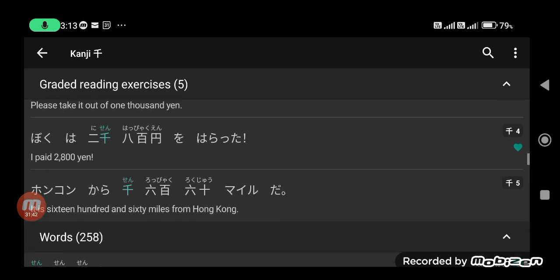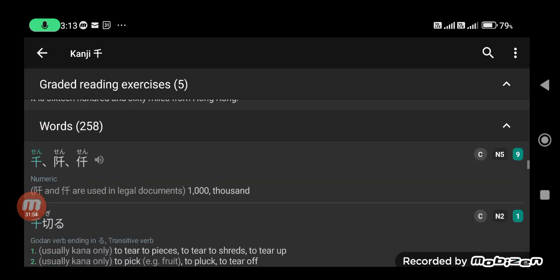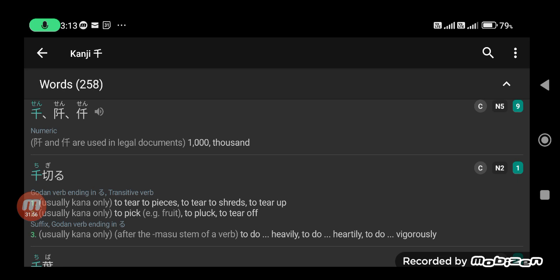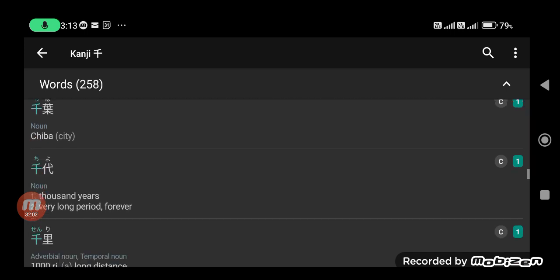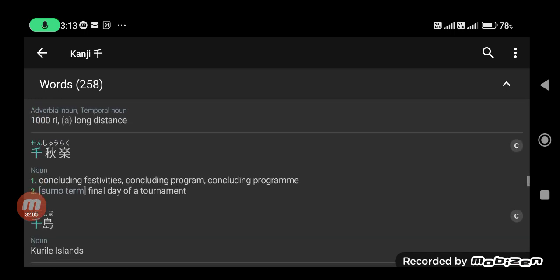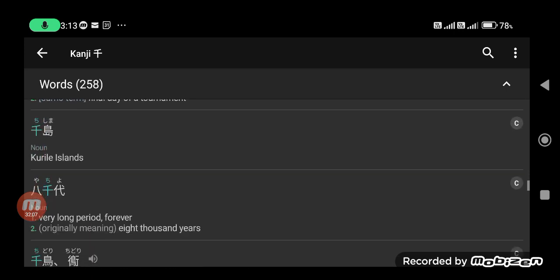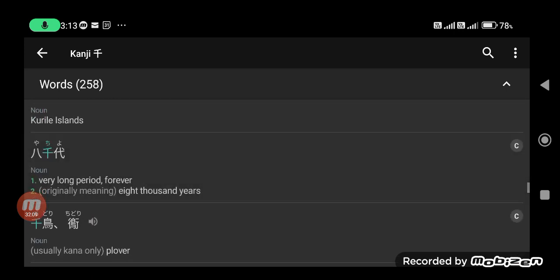Again, I paid 2,800 yen. 僕は2800円を払った. So for other vocabularies, just screenshot this one. Again, chigiru, to tear to pieces, to tear to shreds. For other vocabularies, just screenshot this, minasan.